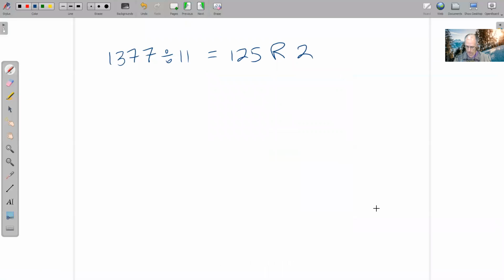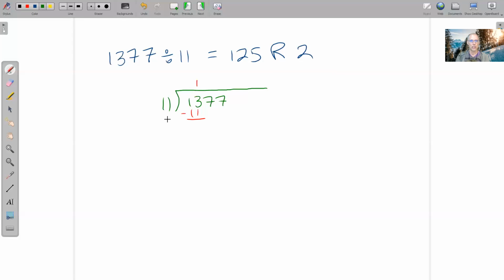All right, so let's do that with long division just to brush up on our long division. We want to take 11 into 1,377. Our long division method says, look at the first 2 digits, and 11 goes into 13 once. 1 times 11 is 11.